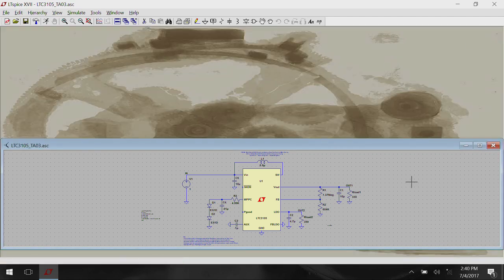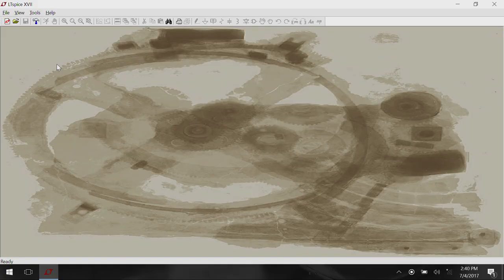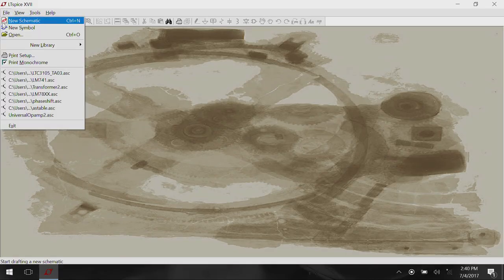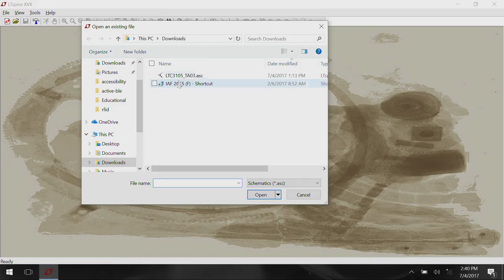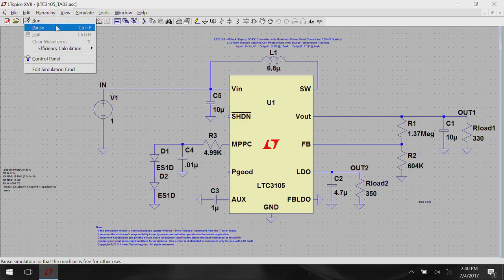Sorry about that. So let me close this and restart. File, open LTC, right, simulate.